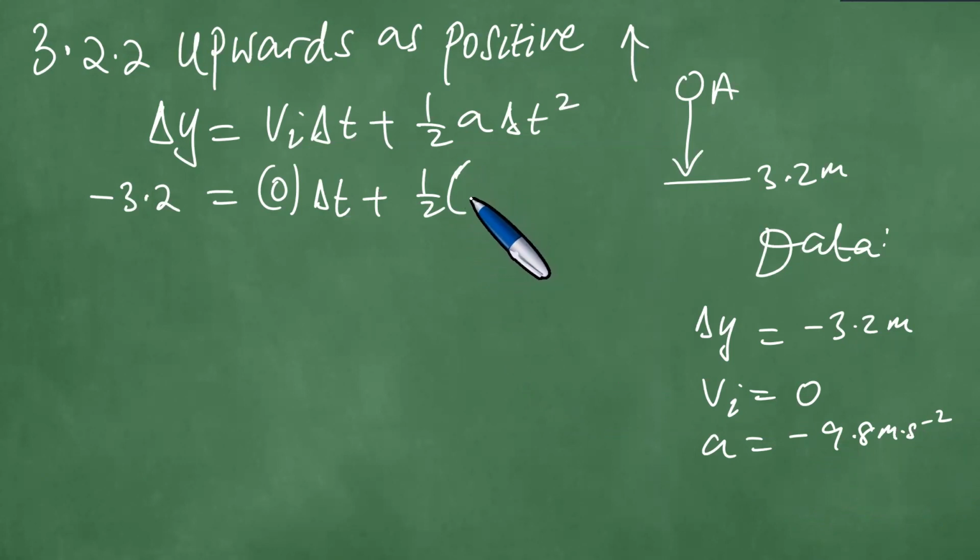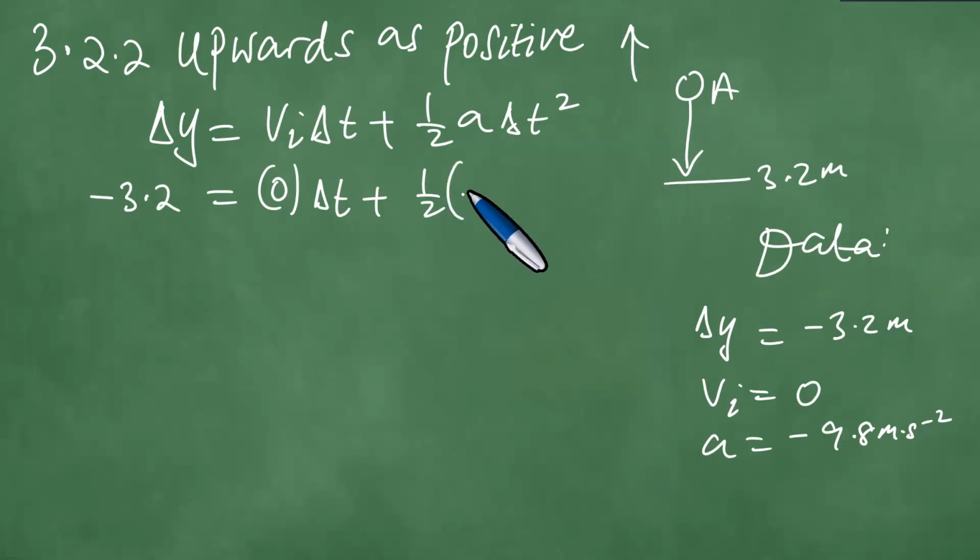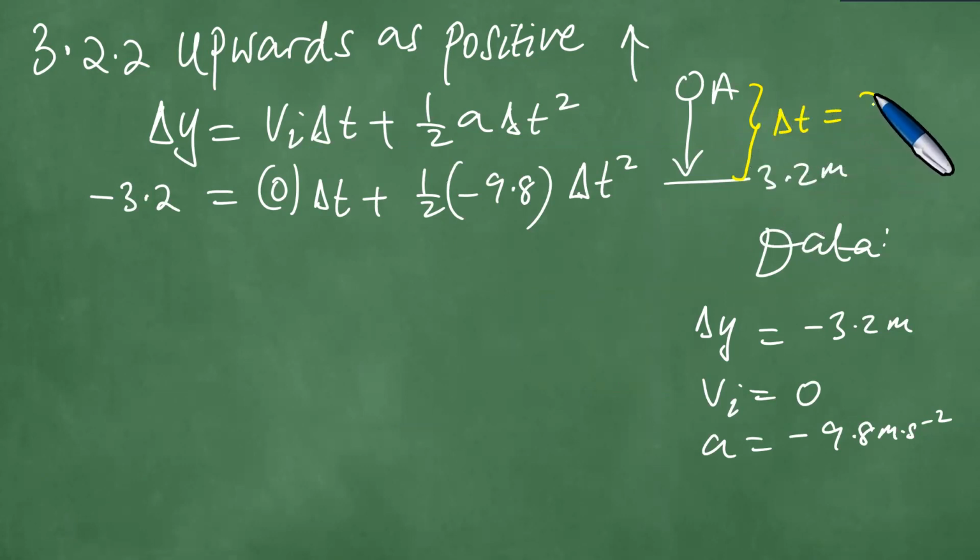Okay, so minus 9.8. And then we have delta t squared. We're looking at the amount of time that ball A took. So delta t is a question mark, the amount of time it took.